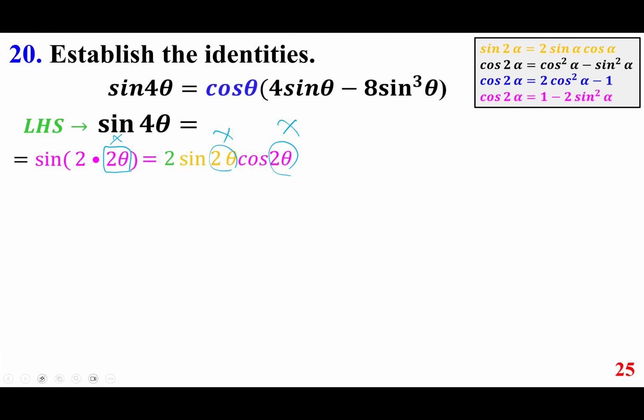Now, let me erase my work. This is 2 sine theta cosine theta. And cosine 2 theta, there are three different ways of writing them. We want to go with the sine, so 1 minus 2 sine squared.